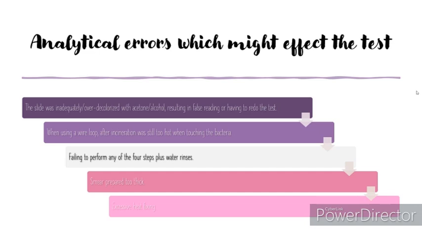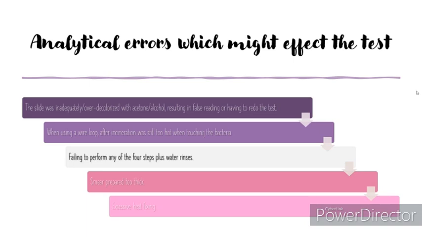So the next one is when using a wire loop after reincineration, it was still too hot when touching the bacteria, so you basically killed it, and it doesn't have any morphology or arrangement whatsoever. It's just dead. It's just a glob together, I guess, because you flame your wire loop to rid it of any pests when you want something to be sterile. So that would be that analytical error.